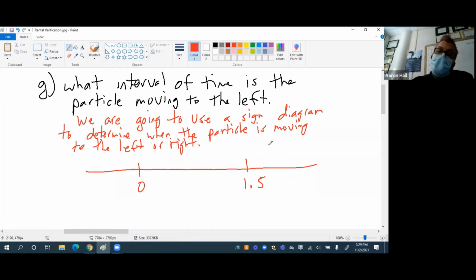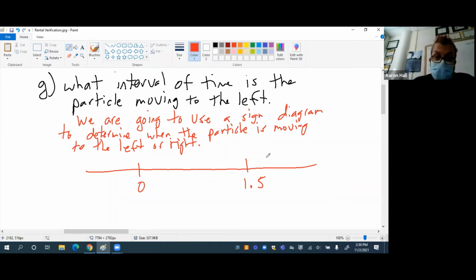We are going to use the velocity equation because the position equation doesn't tell us whether we're moving left or right. The position function tells us what? Where we are, whether we're to the left or to the right. It doesn't tell us whether we're moving left or right. It tells us whether we are on the left-hand side or the right-hand side of the origin.